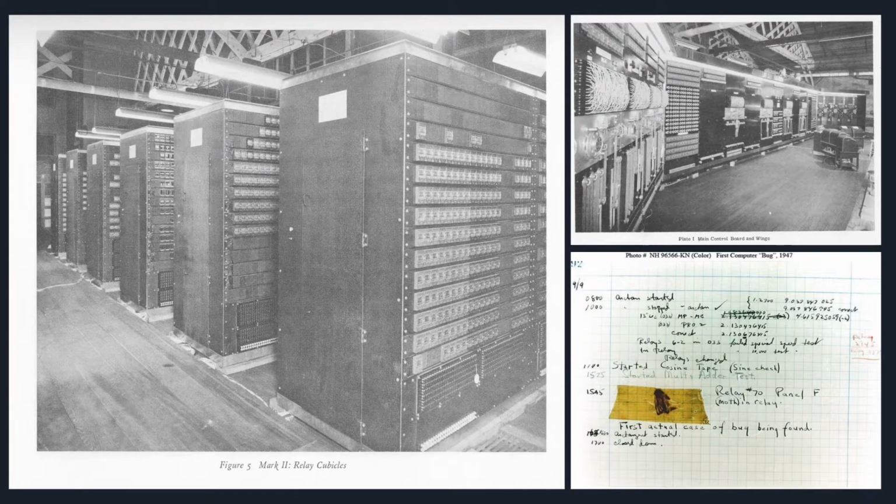After a long search to find what the problem was, at 1545, Grace Hopper found a bug, an actual insect, which died in the number 70 relay panel F of the Mark II computer. The insect was then preserved in the logbook with the phrase, "First actual case of a bug being found," as you can see in the bottom right image. Since then, the terminology became more and more popular, and now it is used to describe software errors.